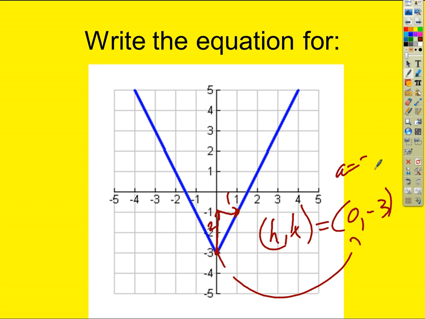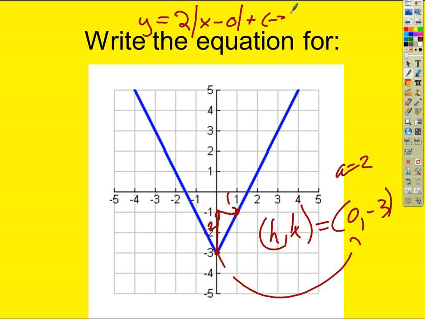So A equals 2. And so if I put that all together then, we know that the form of an absolute value function is A times the absolute value of X minus H, right, plus K. So what do I get? Y equals 2 times the absolute value of X minus 0, minus 3.